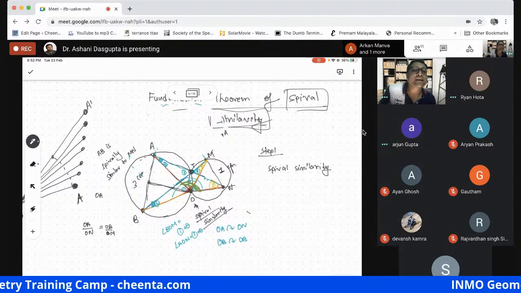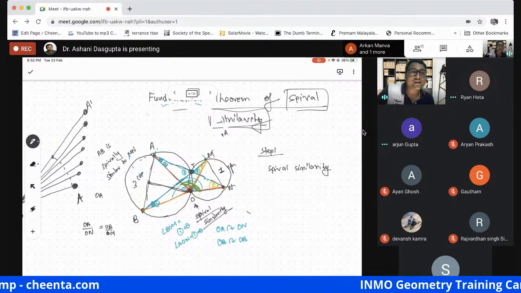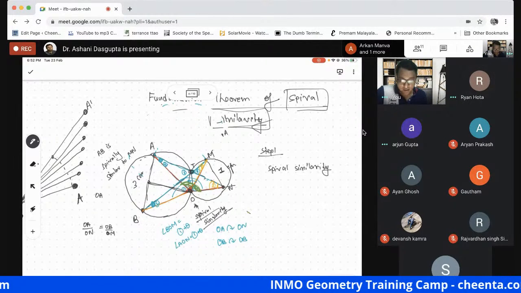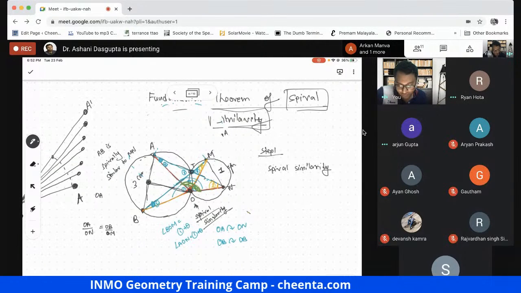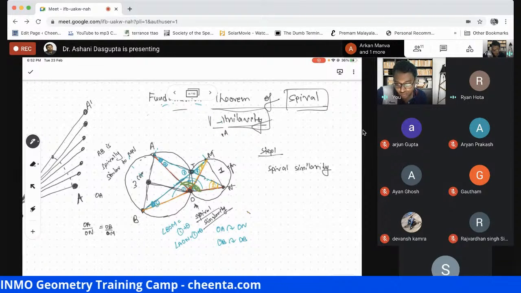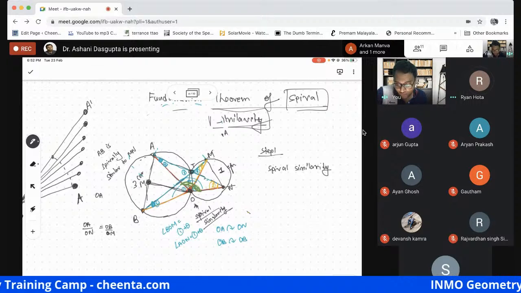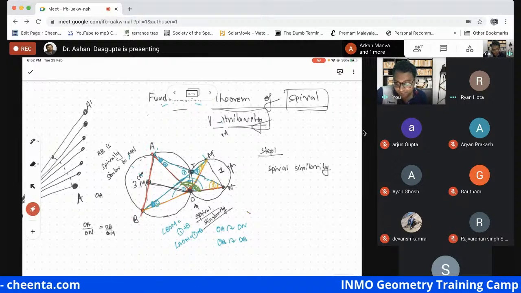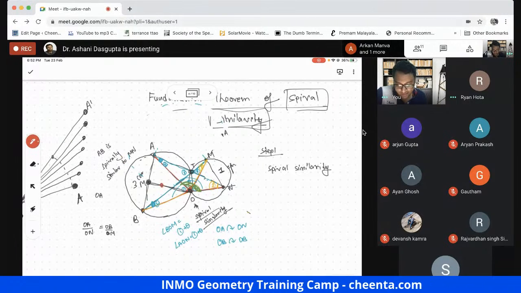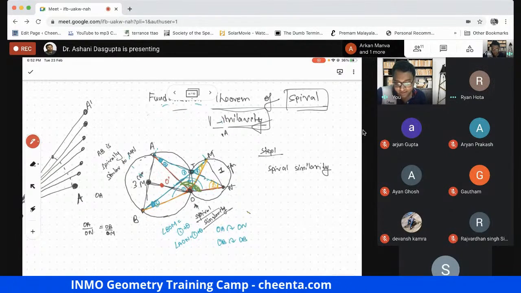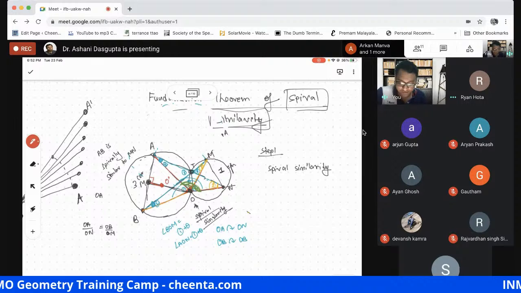I mean, you could create a case, Ryan, where it wouldn't work, because what you would say essentially is that if you join O with the midpoint M of AB, that is passing through the center. That's what you're claiming, right? Yeah, O prime, because only then O prime M will be perpendicular to this, right?